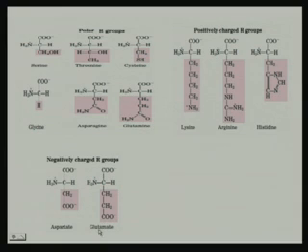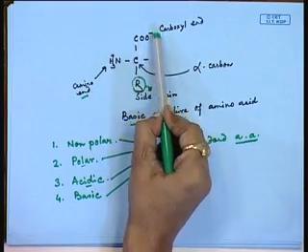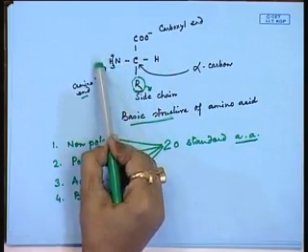Now here I would like to tell you that if we see the core structure of the amino acid, as I have already discussed, it has a carboxyl end and another is the amino end.